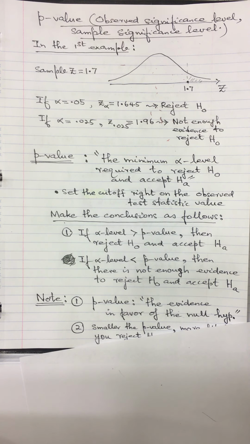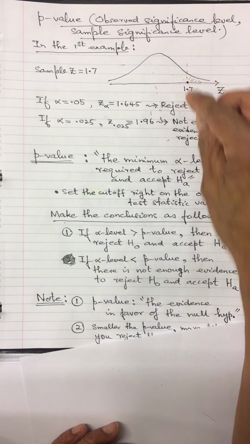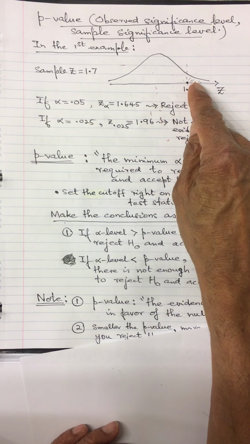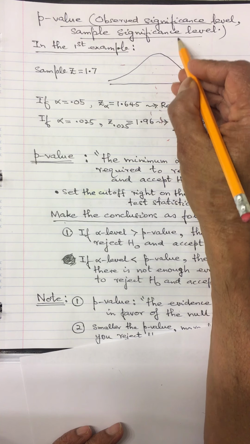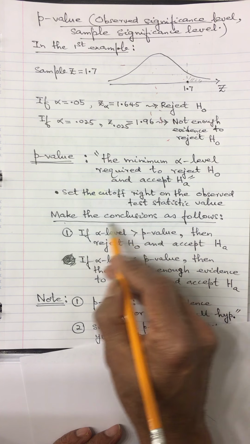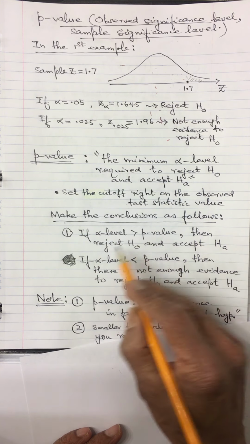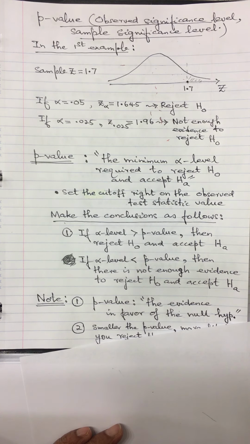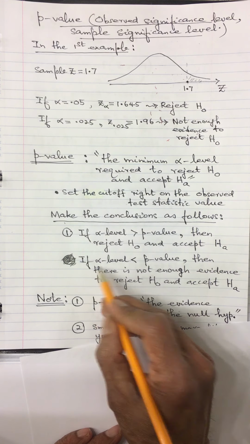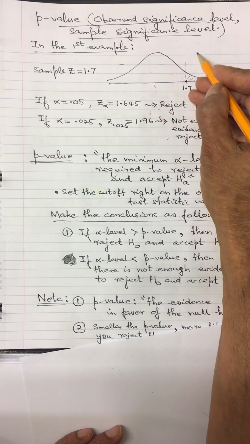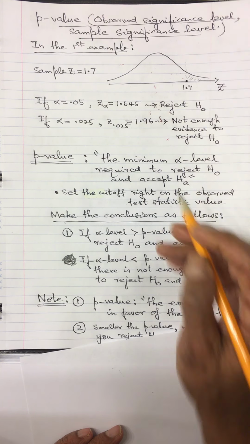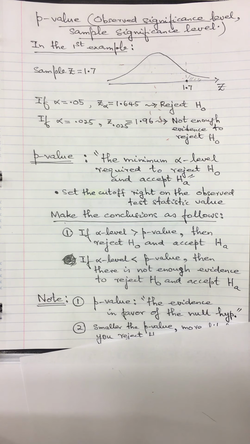Because that's the minimum p-value. If the alpha level is bigger than this shaded area, your cutoff is going to be right here, so you are in this setup, and you reject H naught and accept HA. If the alpha level is smaller than that shaded area, your cutoff is going to be somewhere here, so there's not enough evidence to reject H naught.